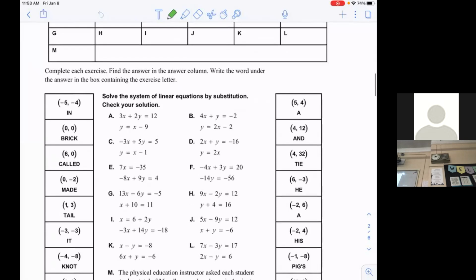There's not enough room on here for sure. Actually, why don't you try to do A on your own? And then we'll come in and check it and see how you did.